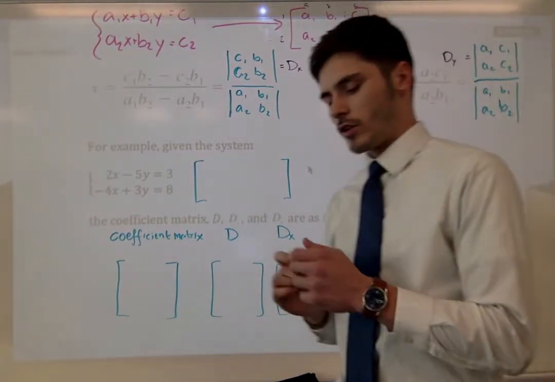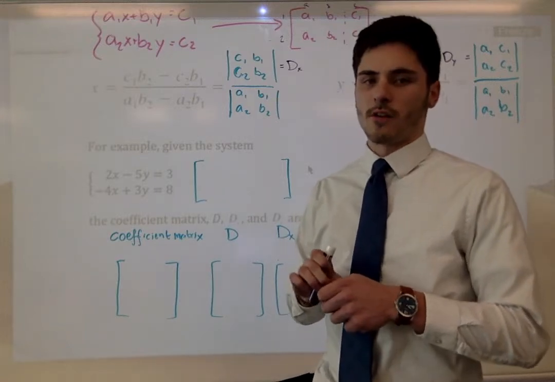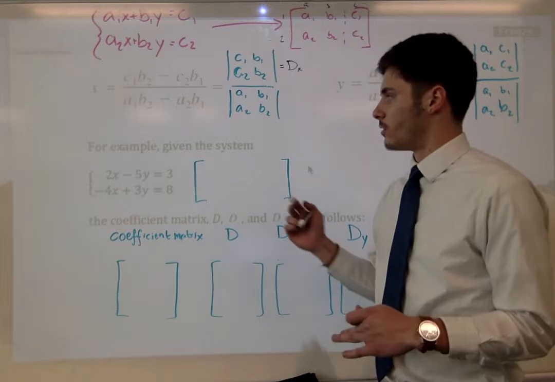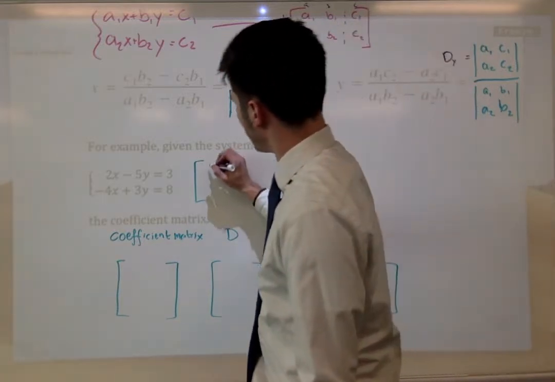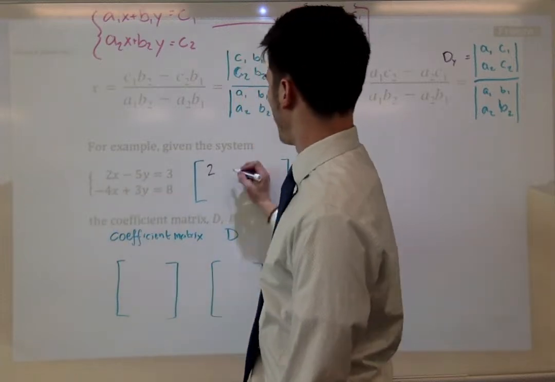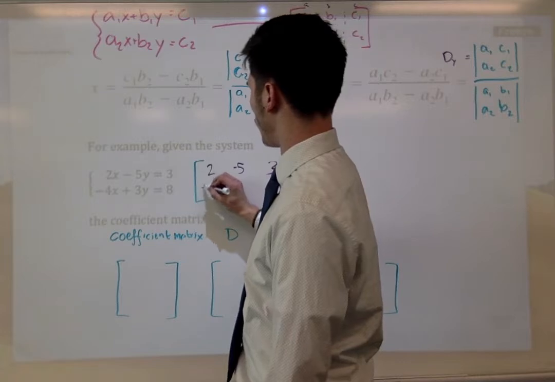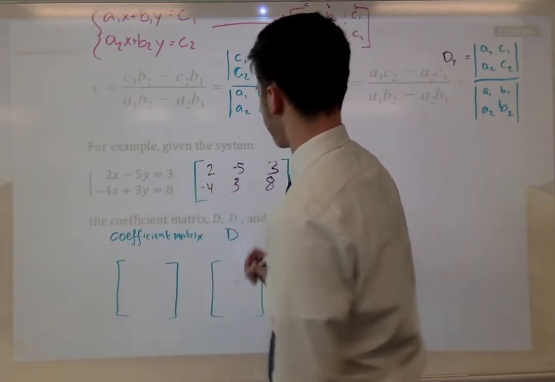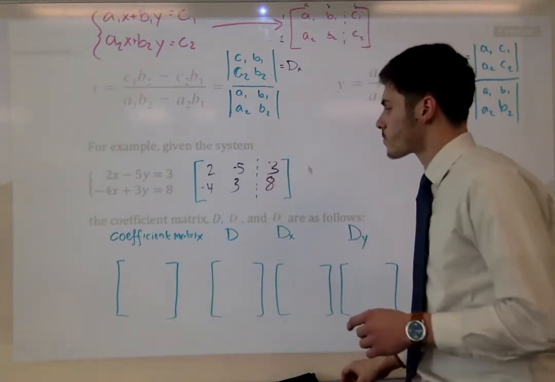So the numerators of those fractions are going to be dx and dy, respective to whichever variable you're trying to find. So with this one, our matrix is going to be 2, -5, 3, and then -4, 3, 8. And we'll augment that as well.